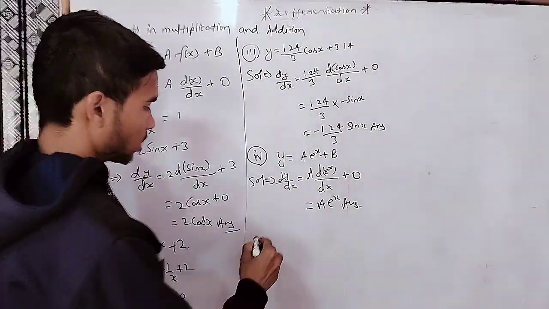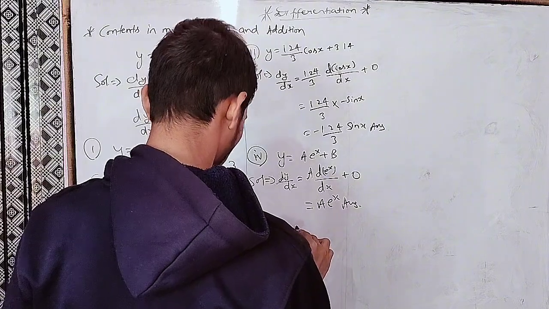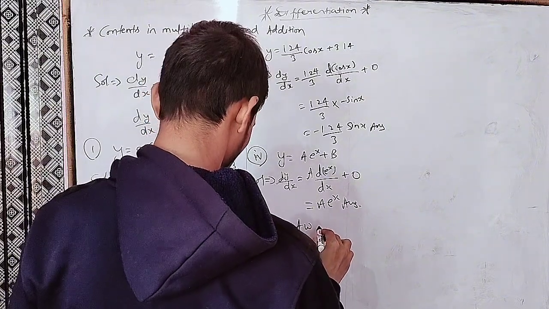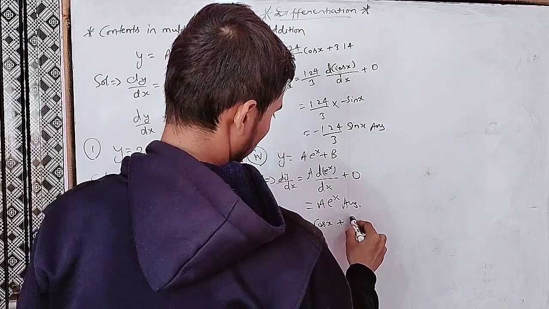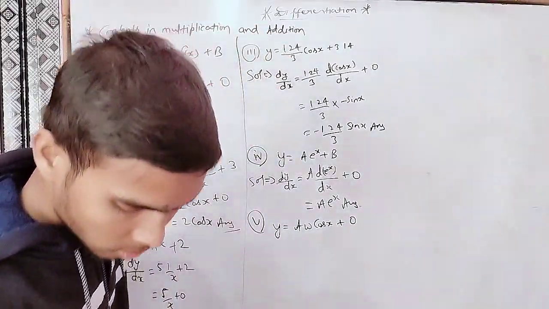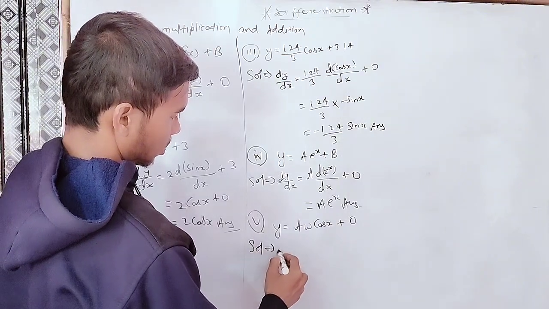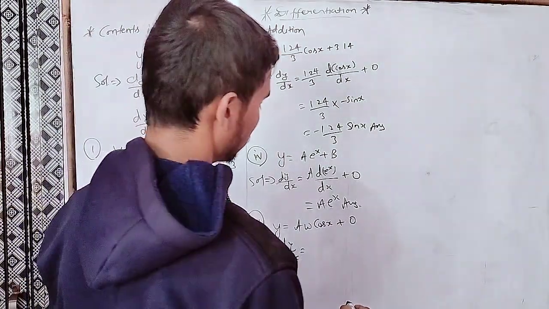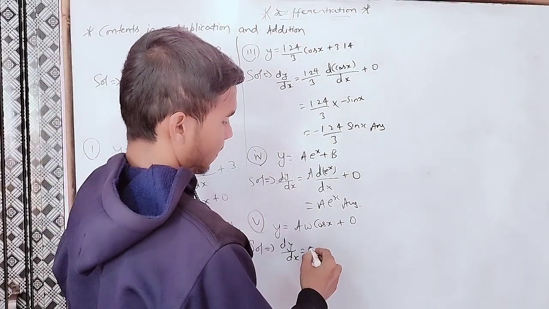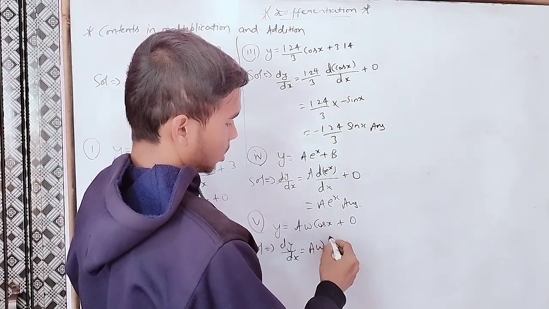Next, y is equal to a w cos x plus 0. So here dy by dx. Then a is a number, so w is a number.